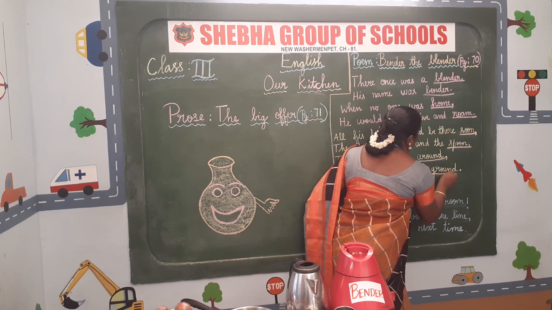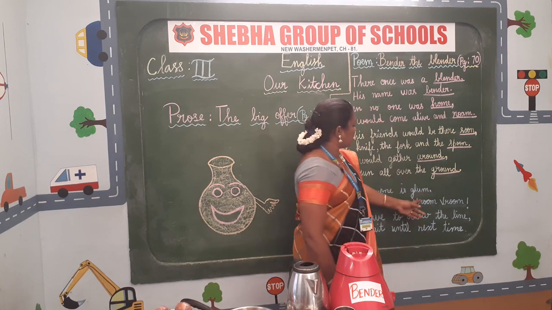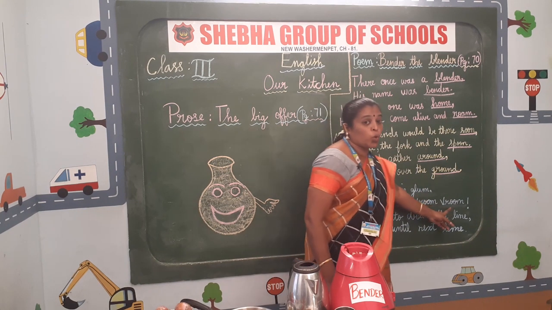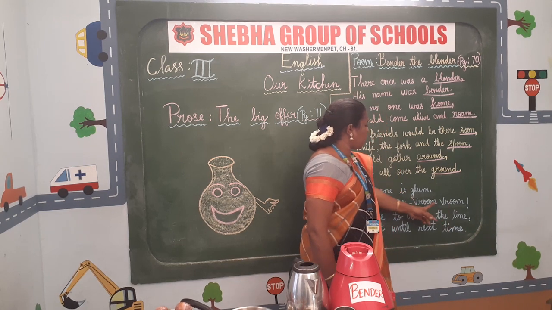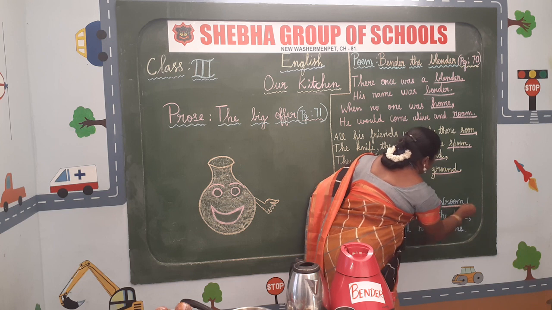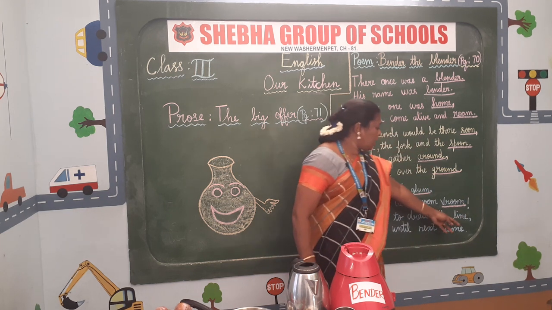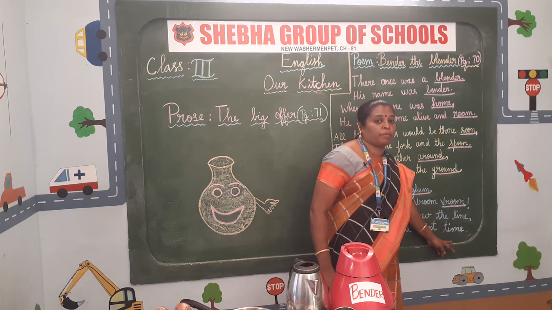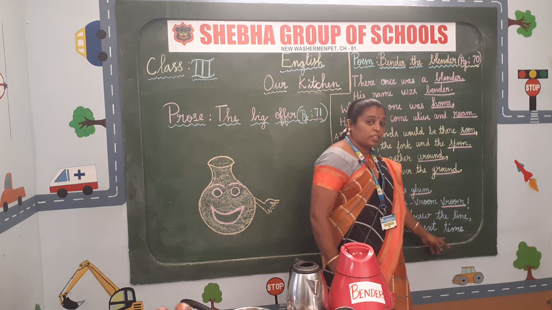Around, ground. The next one. Glum, room. Next one. Line, time.